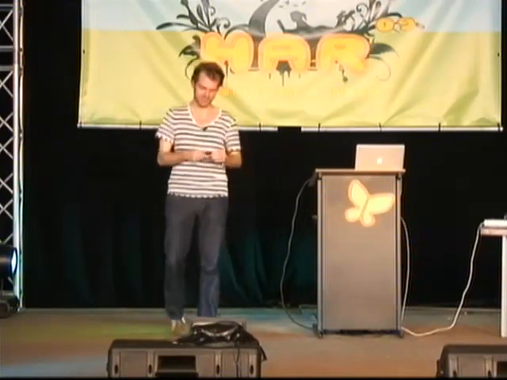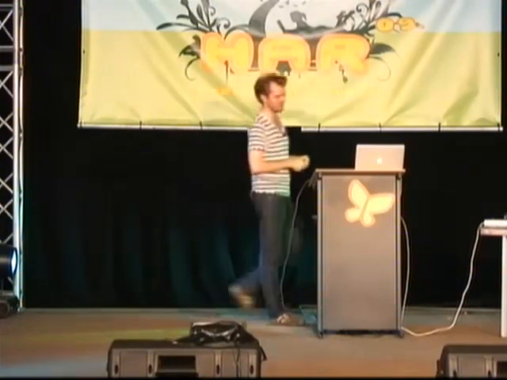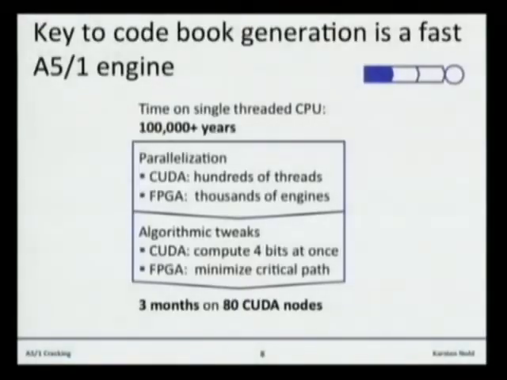It's a beautiful design goal to have it as simple as possible, to be as fast as possible. We don't really have that in software anymore much. So that's the different layers of optimization. And we reach a very achievable goal of spending 3 computational months on 80 computing nodes. Any of your gaming machines will do, or on about 20 mid-range Virtex processors. So if anybody has FPGA resources, we'll be more than happy to use those too.